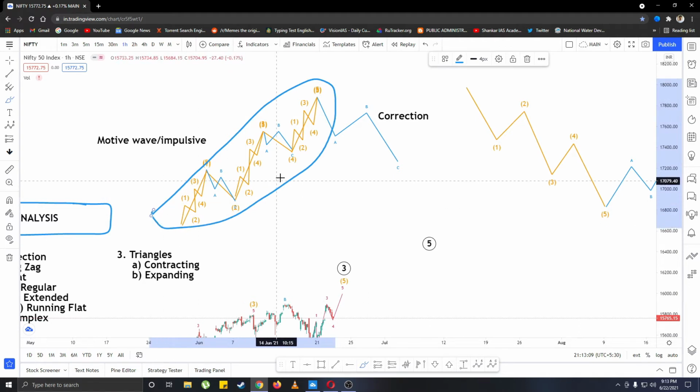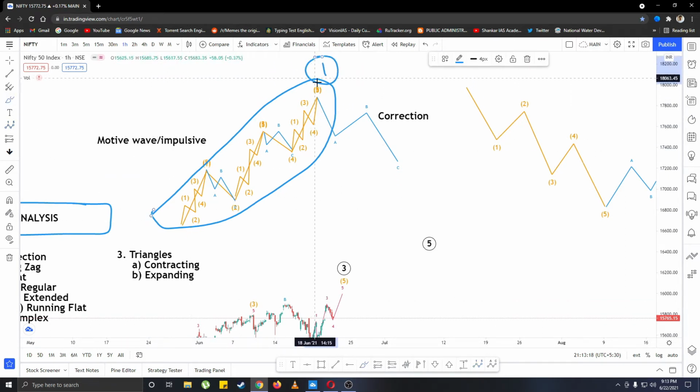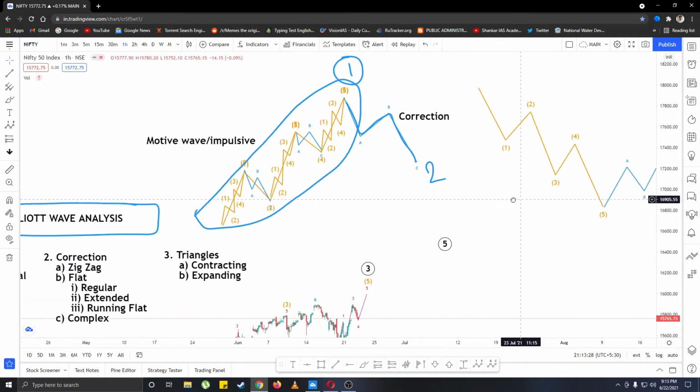In a bigger way of things, if we look at the very big picture, this entire move becomes 1 and then this correction becomes 2.